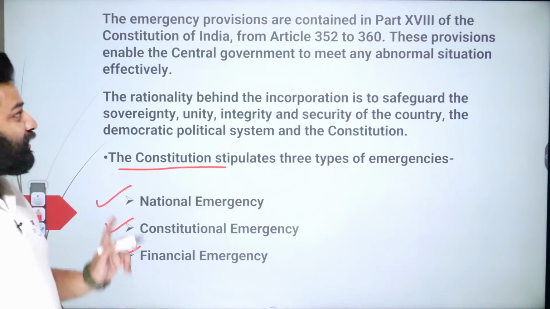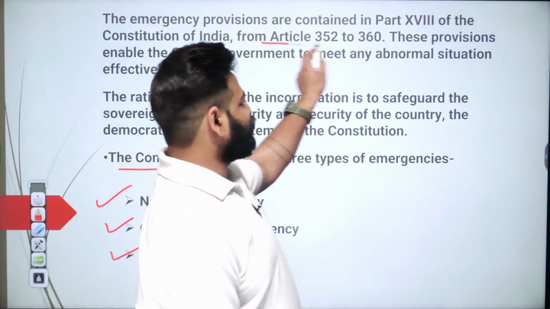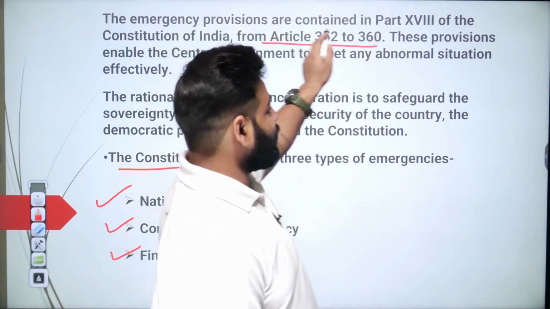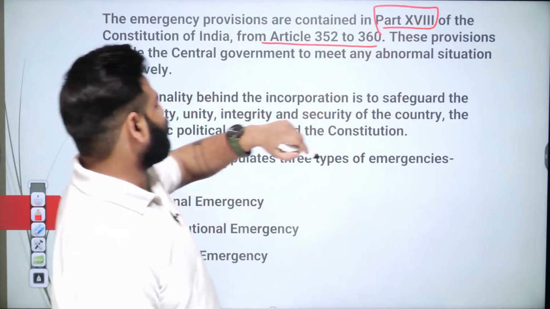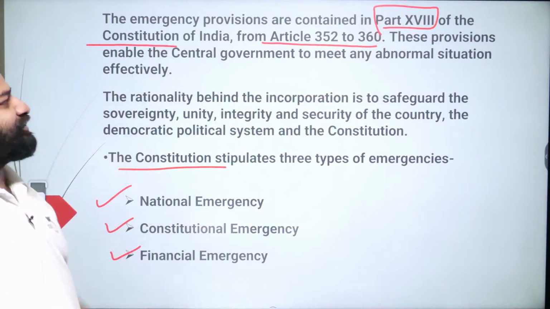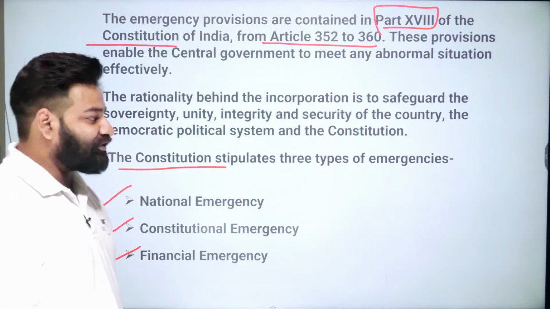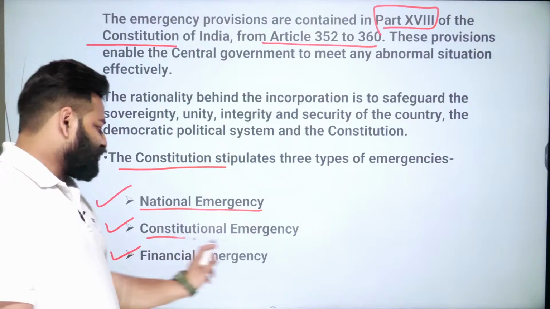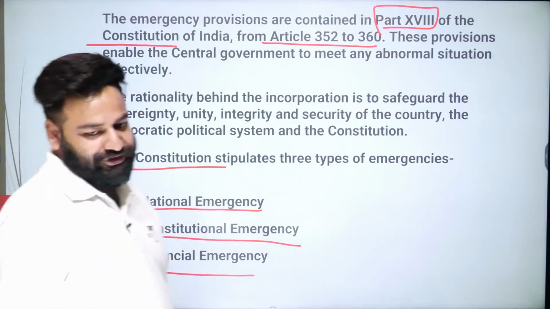Okay. Remember, from articles 352 to 360, basically 365 as well. Okay. In part 18, what we have got the chapter that is emergency. And what are the types of emergency the Constitution has stipulated? So 3: national emergency, constitutional emergency, and financial emergency.